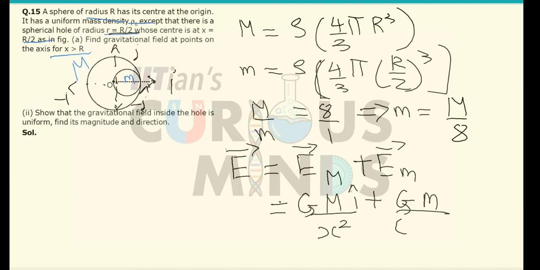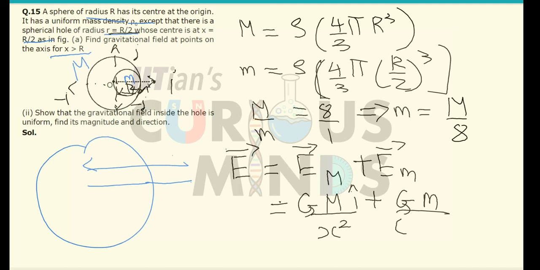Let me draw a bigger diagram. This distance is x, this distance is r, and this distance is r by 2.